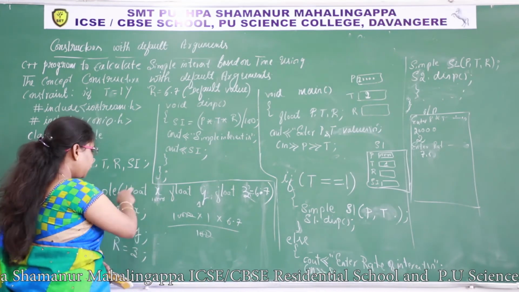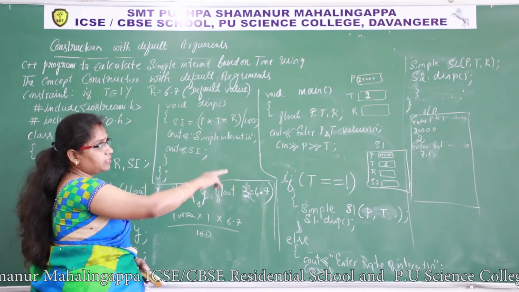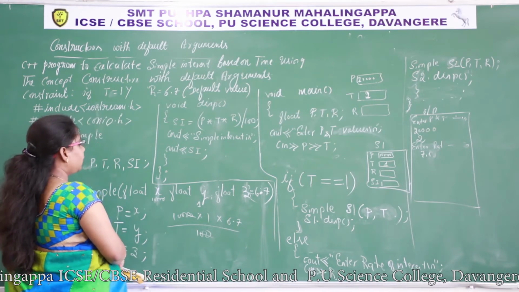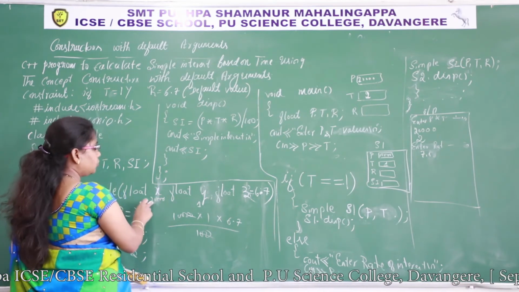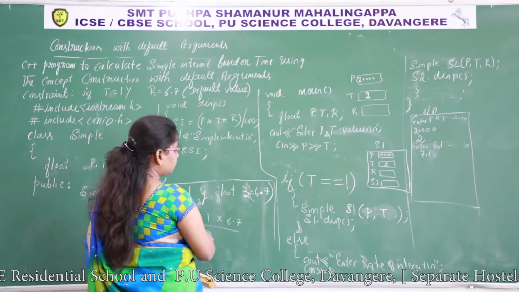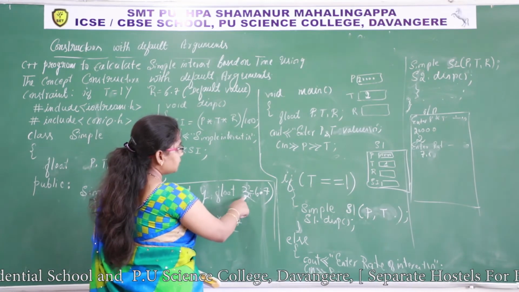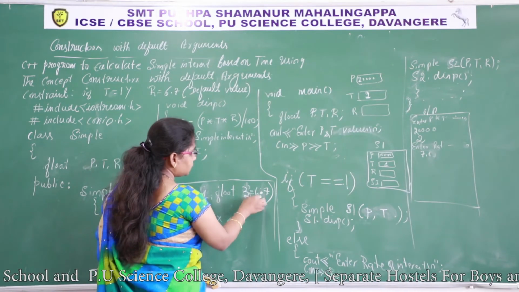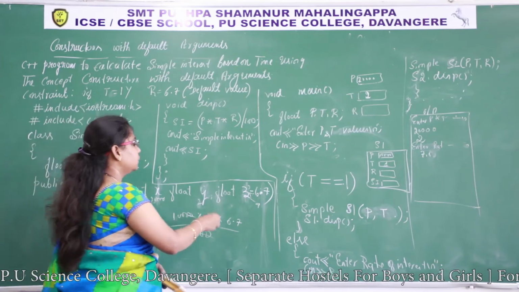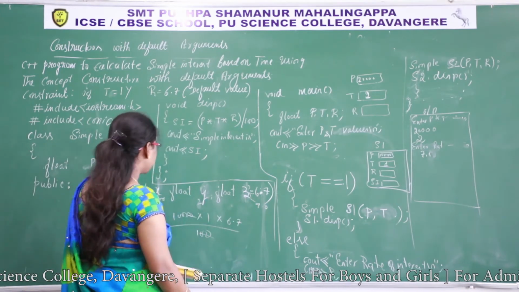So the same constructor will execute for that invocation also. So with the help of only one constructor, we managed these 2 objects. Understood? Now p value is 20,000, it goes to x, t value is 2 years, and r value is 7. So the old value is overwritten by 7.0.